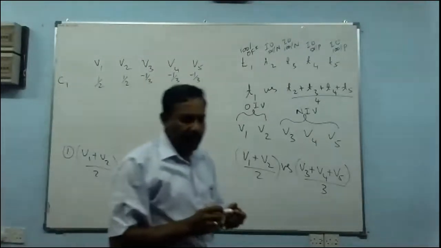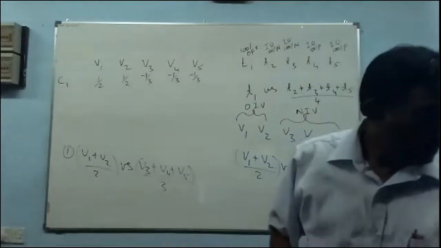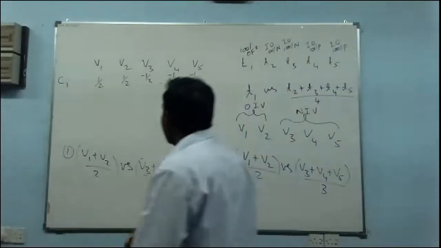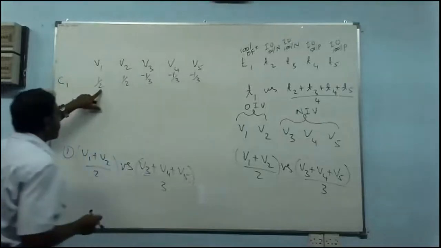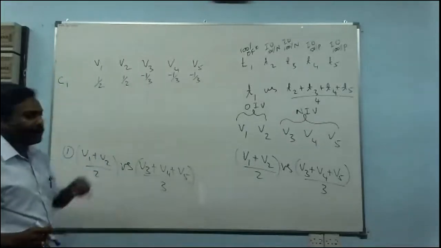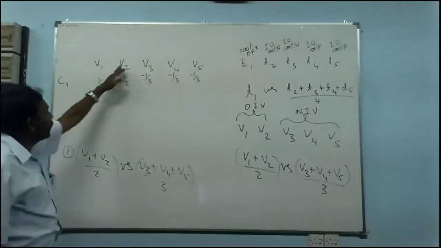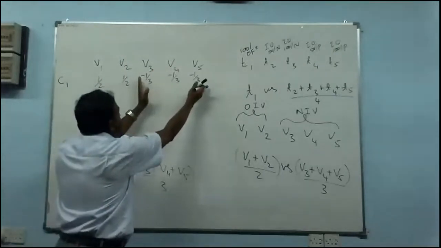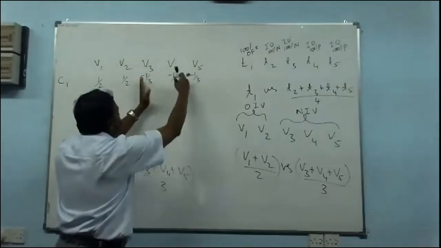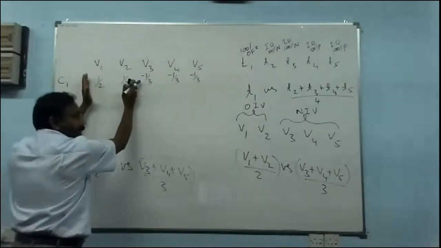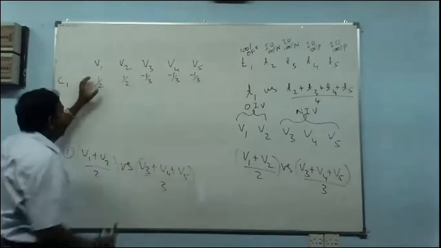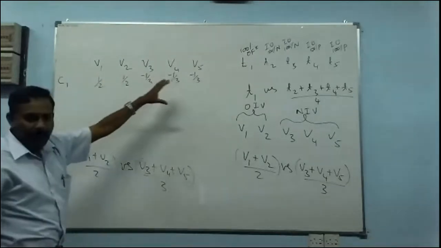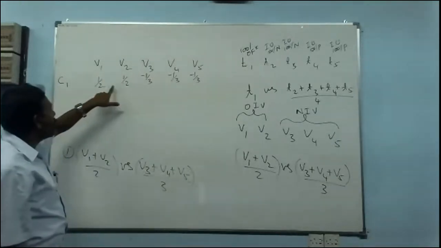Look very carefully at the board. Here are the coefficients I have given for each variety, V1, V2, V3, V4, V5. V3, V4, V5 coming into one group, V1 and V2 coming into another group, right? So add the values of this.